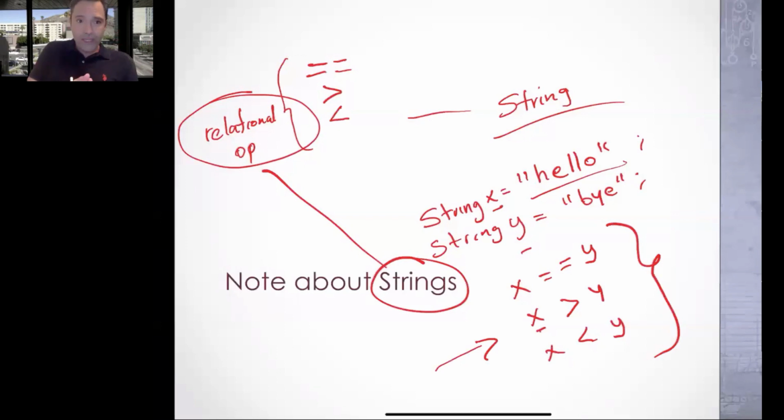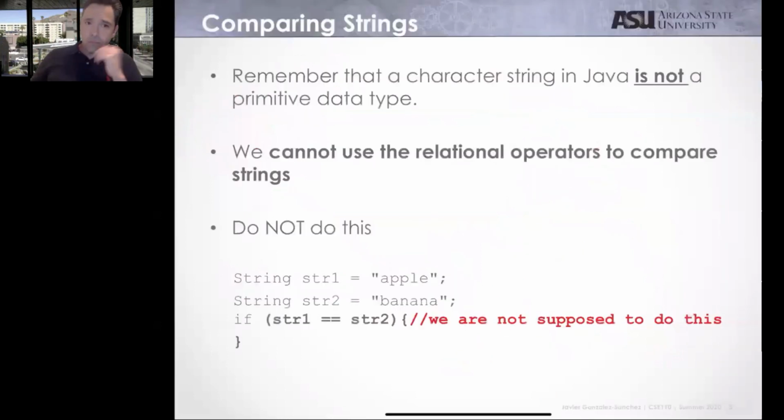Now, the important thing is, if I cannot do that, if that is an error, if the relational operators only work with integers, characters, floating point numbers, and so on, what can I do to achieve these actions in programming with Java? That is what we need to review. Okay. Number one, the equal.